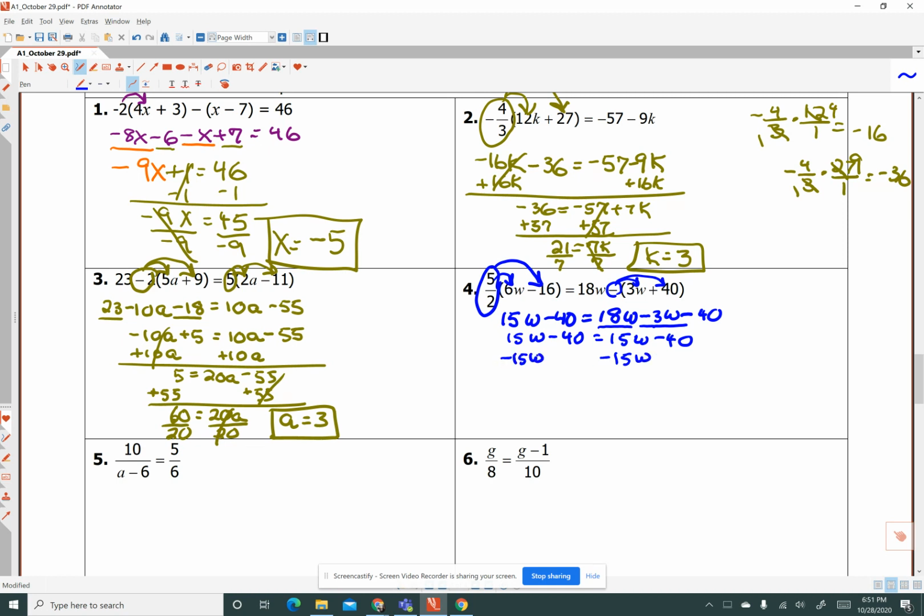If we subtract 15w from each side, we end up with negative 40 equals negative 40, which means that there are an infinite number of solutions that will work for the value of w in this equation. So for w, we can substitute an infinite number of values, and that equation will remain true.